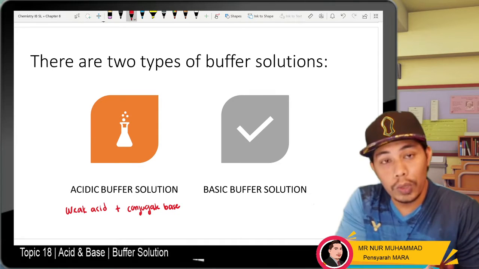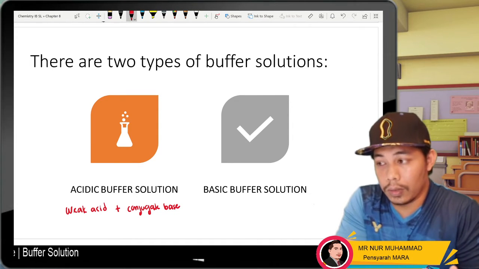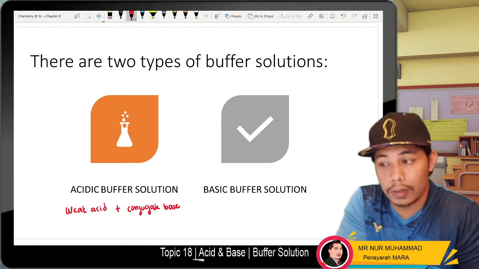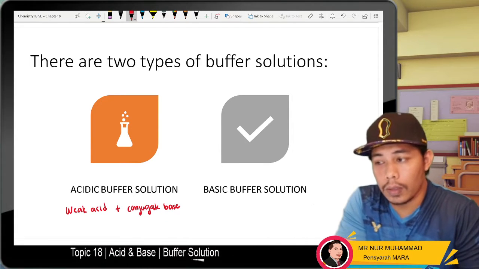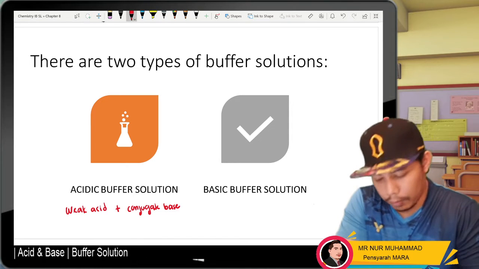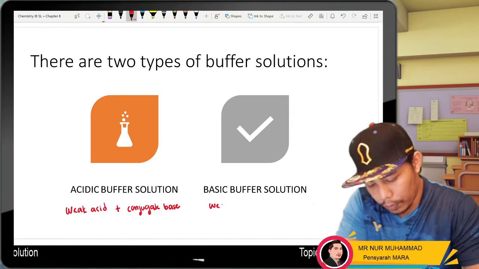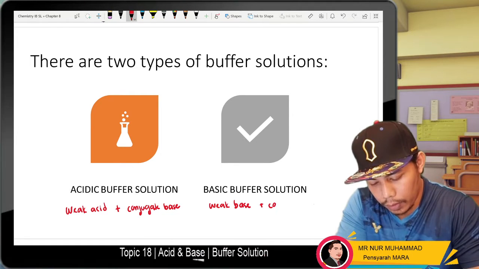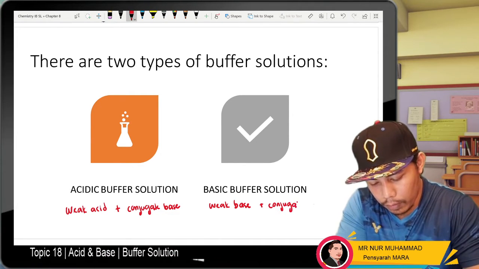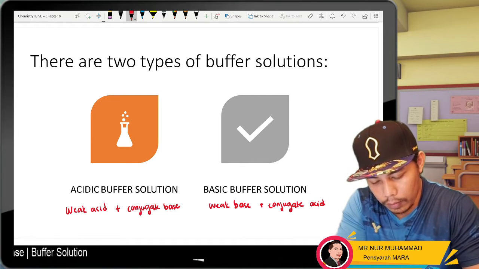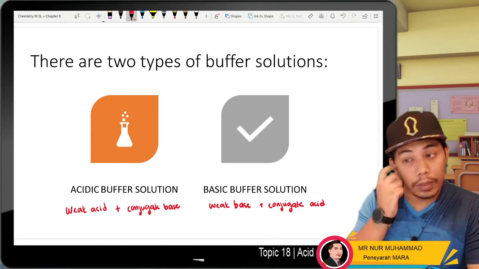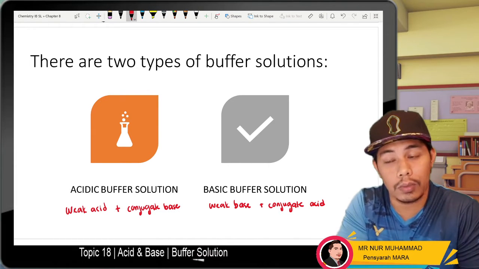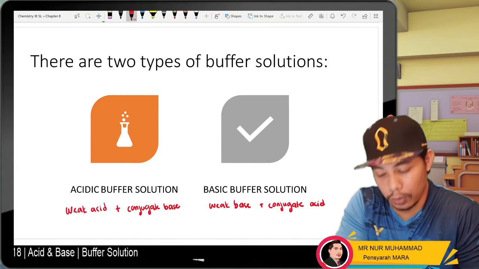The weak acid will neutralize the added basic solution, and the conjugate base will neutralize the added acidic solution. How about the basic buffer solution? A basic buffer solution must have a weak base and its conjugate acid. The weak base will neutralize the added acidic solution, and the conjugate acid will neutralize the added basic solution.